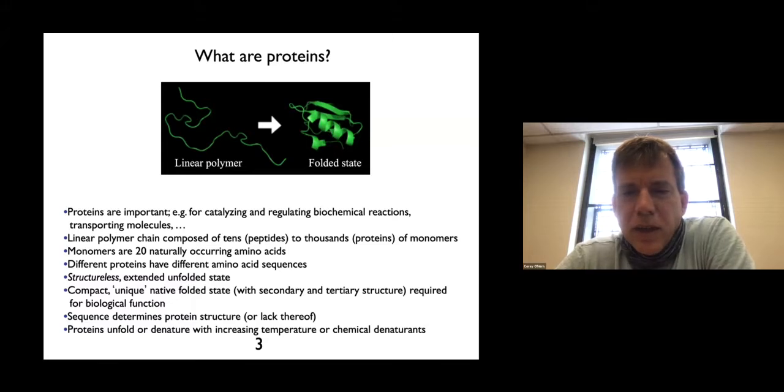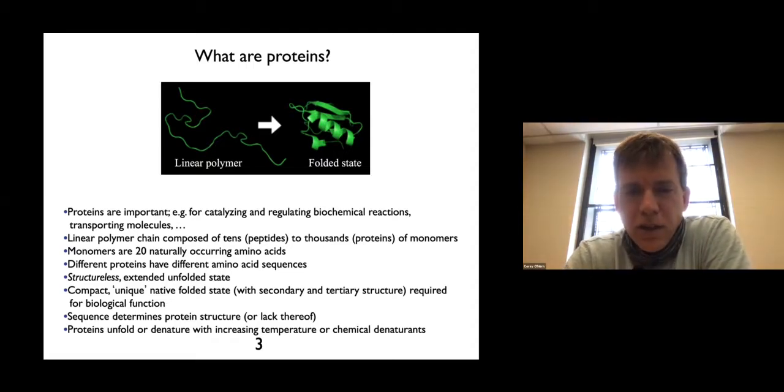A peptide is a special noun that means a small protein, which would include tens of amino acids, whereas a protein has hundreds or sometimes even thousands of amino acids. The monomers for a protein are the amino acids, and you string these together to form a longer chain.